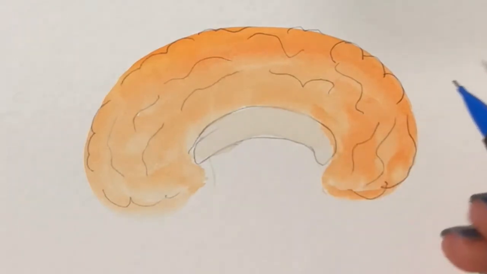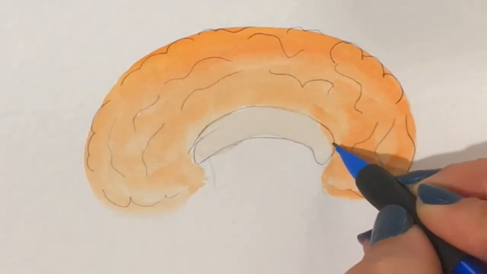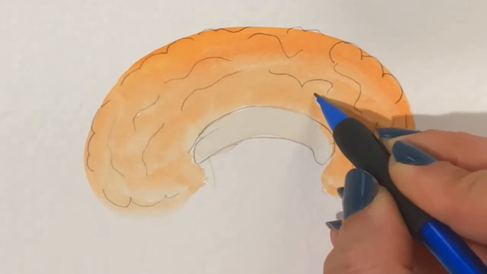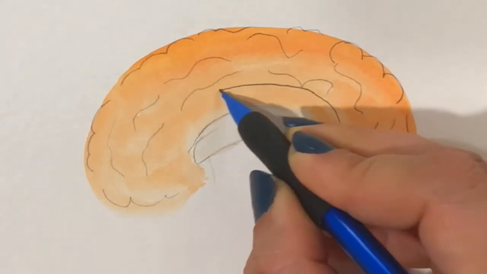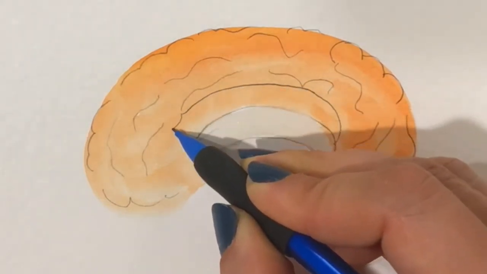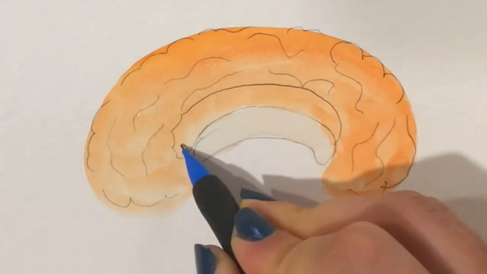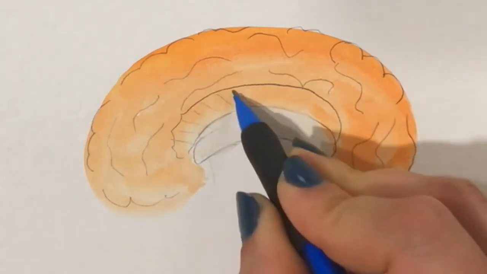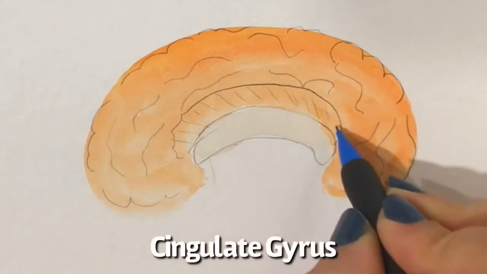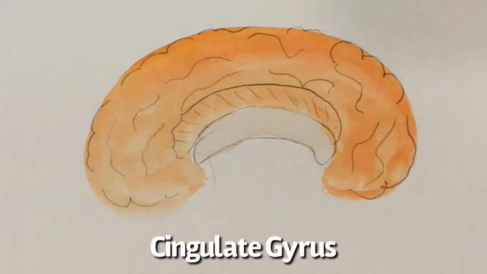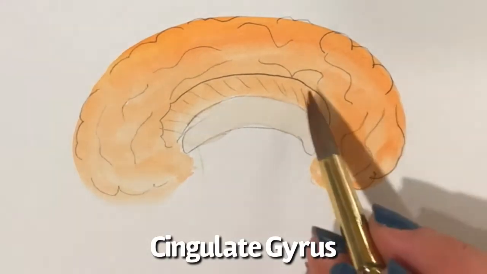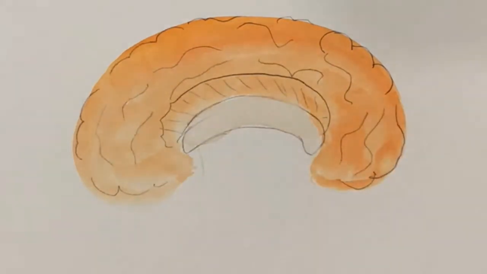Now a special one that we have to know comes right off the top of that corpus callosum and travels all the way down. So this is called the cingulate gyrus. It's just over the top of the corpus callosum on our models, but it's colored the same as the rest of the cerebrum.